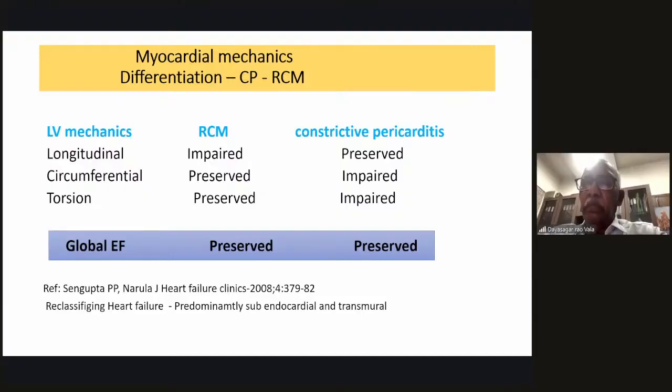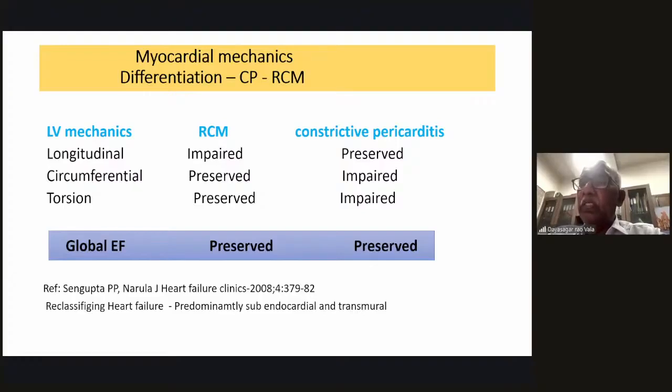So in constrictive pericarditis, the longitudinal fibers are preserved because it's basically an epicardial disease, whereas longitudinal fibers are mostly in the subendocardial region. Whereas in RCM, or restrictive cardiomyopathy, there is a problem with the longitudinal fibers because it is a subendocardial disease, progressing from endocardium to epicardium.